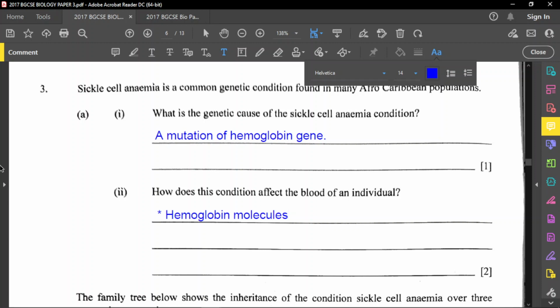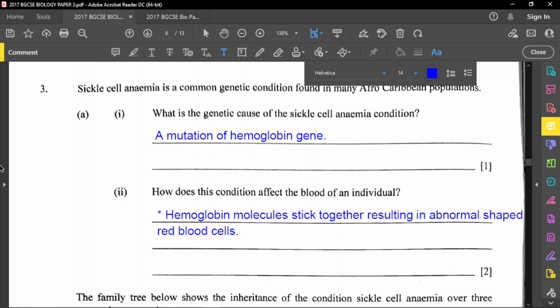So hemoglobin molecules are proteins that stick together, resulting in abnormal shaped red blood cells.